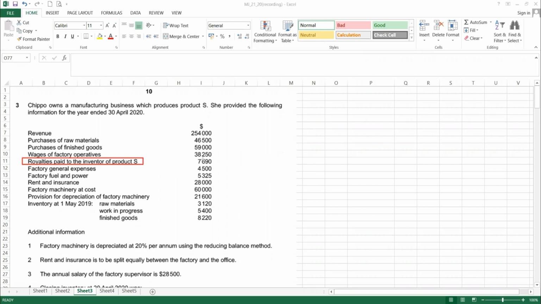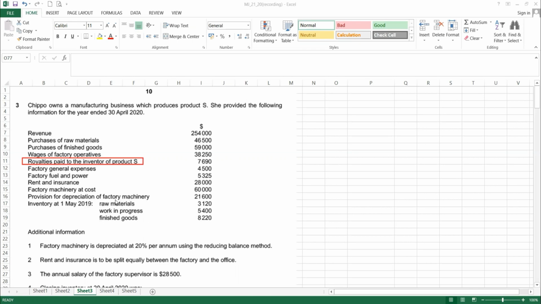Then factory general expenses, factory fuel and power, rent and insurance, factory machinery at cost, provision for factory machinery, and inventory.